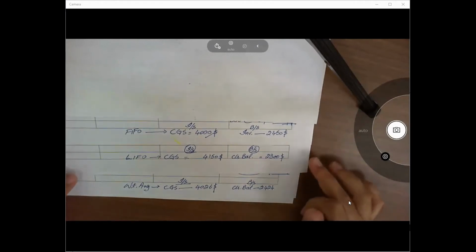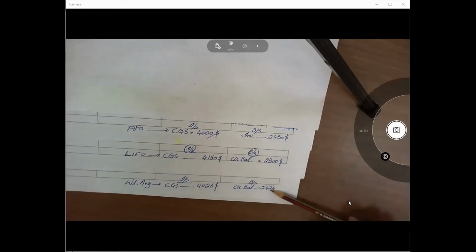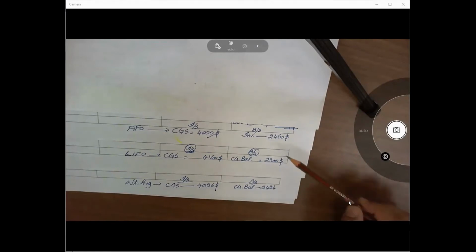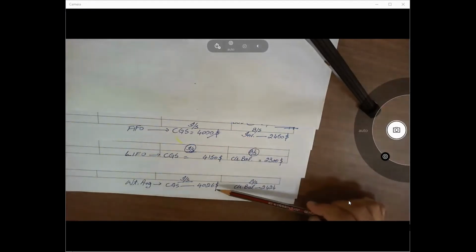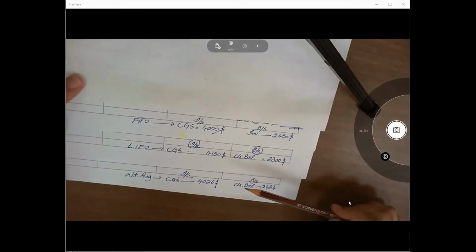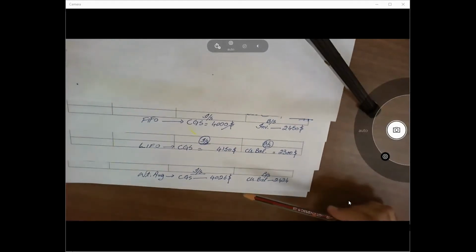You can see that this is in between these two extremes. So LIFO and FIFO are two extremes, and the weighted average is in between these two methods. And this is how, if the company is going to use FIFO, LIFO, or weighted average, it is going to have an impact on the balances in the income statement and also in the balance sheet.